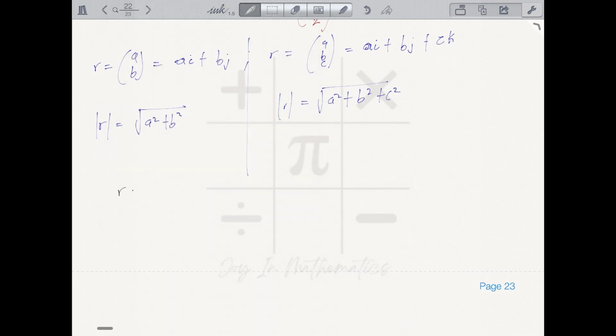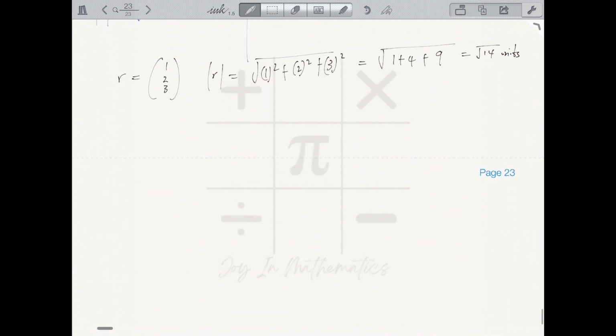We're given that r is equal to the column vector (1, 2, 3). Therefore, the magnitude of r is the square root of 1 squared plus 2 squared plus 3 squared. This gives us the square root of 1 plus 4 plus 9, which is root 14 units.